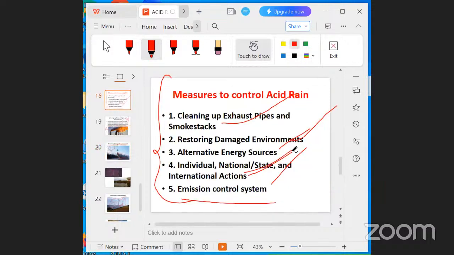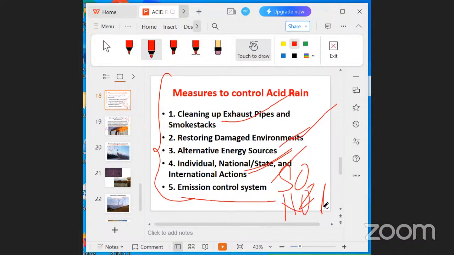Individual, national or state, and international actions. Millions of people directly and indirectly contribute to sulfur dioxide and nitrogen oxide emissions, right? The mitigation of this challenge requires individuals to be more informed about energy conservation and ways of reducing emissions, such as turning off lights or electrical appliances when not using them, right?